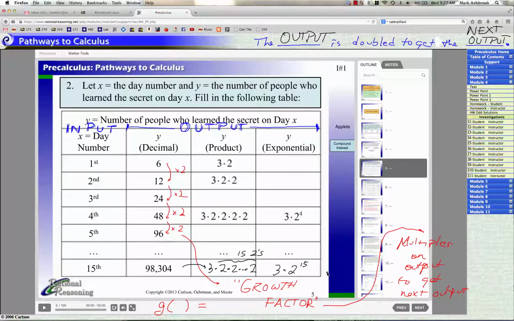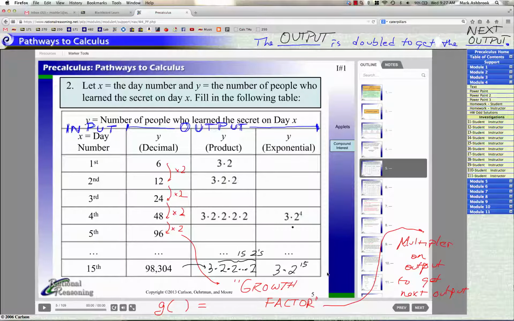What's the main operation involved in exponential growth? Multiplying. It's not about exponentiation. The exponent is just a convenience. When you see 2 to the 15th, you should be thinking what? 15 twos multiplied together. It's about repeated multiplication.